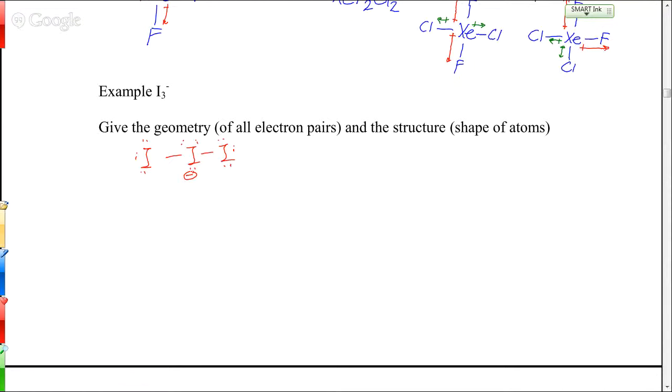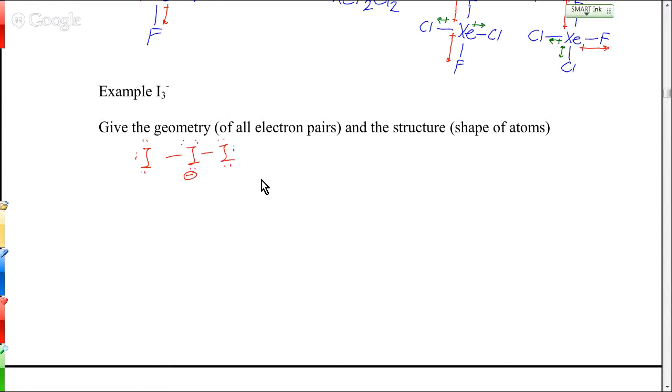Or did I do that wrong? 22 electrons total, right? 2, 4, 6, 8, 10, 12, 14, 16, 18, 20, 22. Yeah, 22 electrons. So that's right, right? No double bonds or anything. That should be the correct structure.